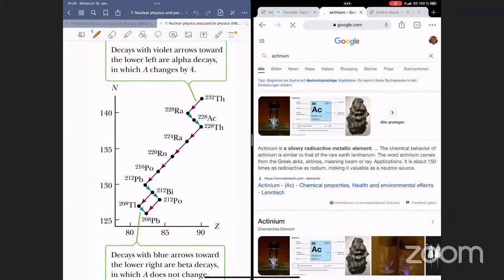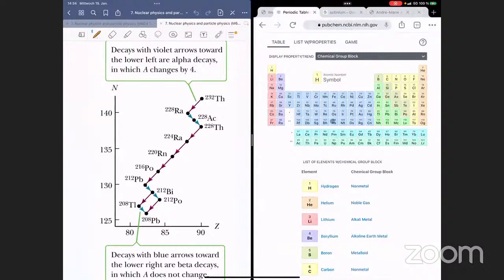Actinium. No, 98. 89, sorry. 89. So this one, I'm sorry for that.